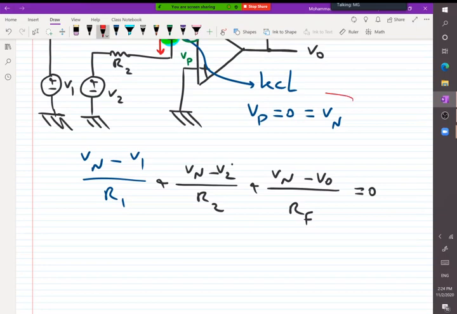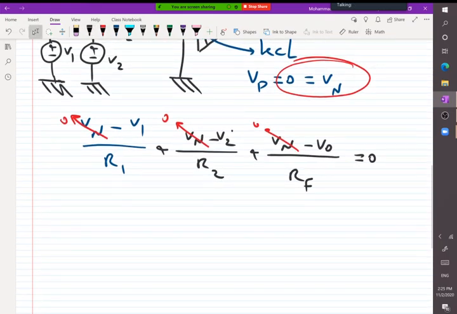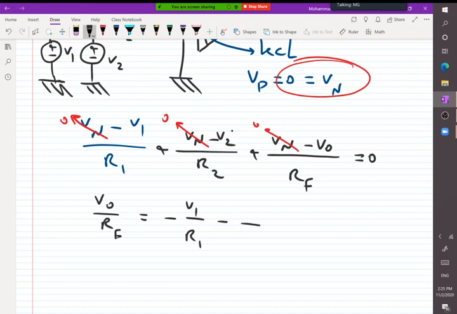Vn, what is the value of Vn? We know that it is equal to 0. So Vn here is 0, and here is also 0. So if we move the Vo to the other side of the equal sign, Vo over Rf will be equal to negative V1 over R1 minus V2 over R2.